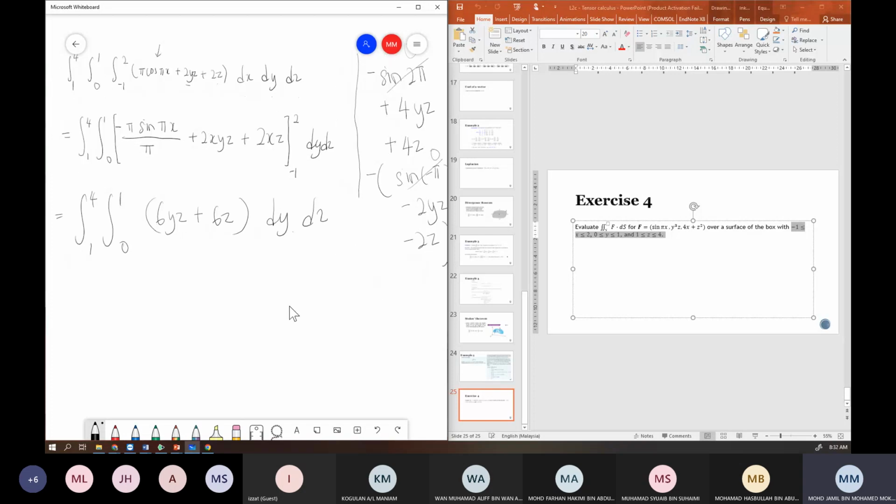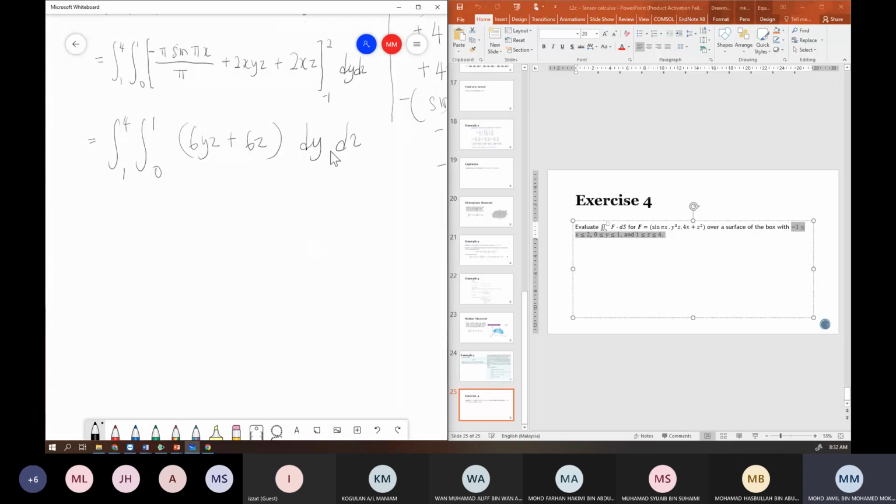Integrate with respect to y. Here we have y, so it becomes 6y squared z over 2. For the second one, we don't have y, so it becomes a constant, 6yz. From 0 until 1.